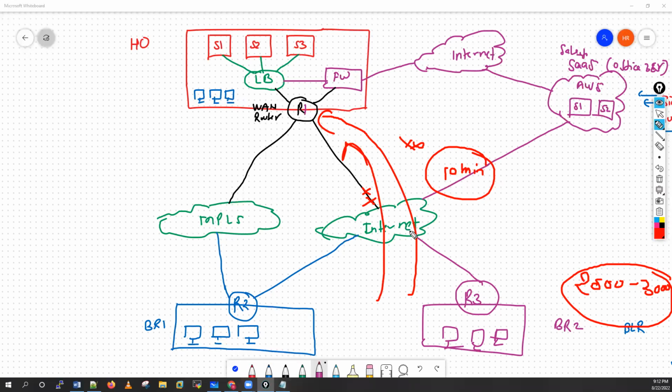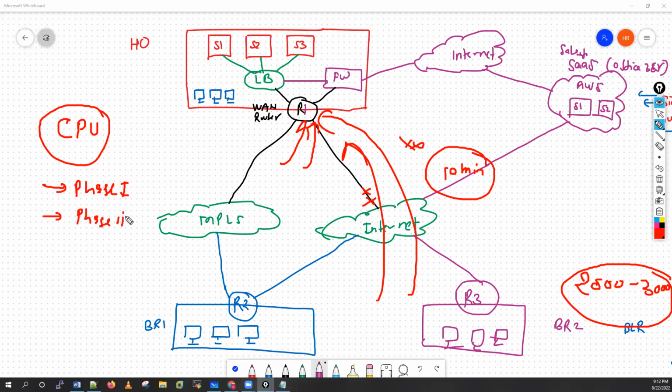If your ISP is flapping, just see the performance or CPU utilization on this particular router, because they have to go through the phase 1 exchange of your IPsec, the phase 2 exchange of your IPsec, right? And they have to create the session keys, they have to do lots of computation.